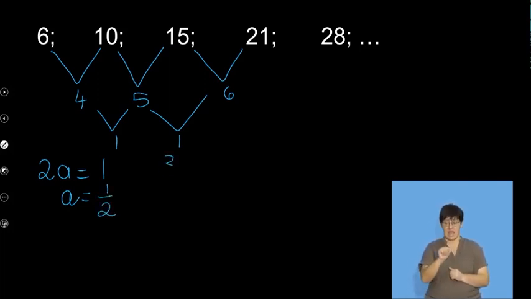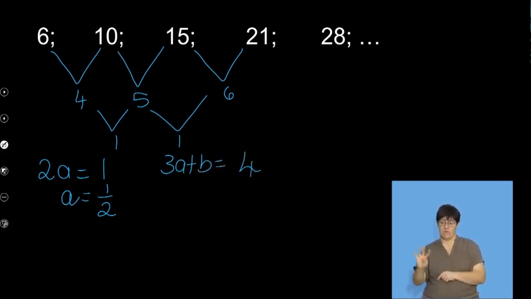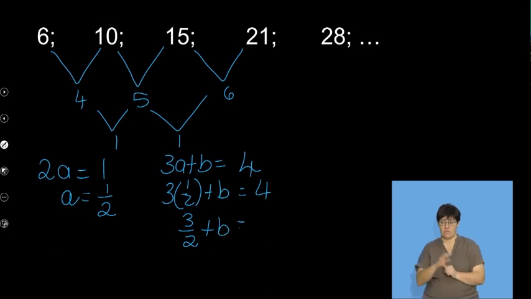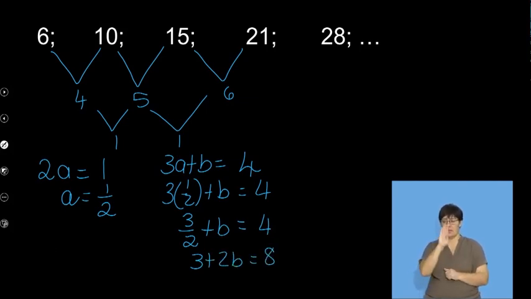Then we say 3a plus b will be equal to the first term of the first differences, which is 4. So I'm going to have 3 times a half plus b is equal to 4. So 3 over 2 plus b is equal to 4. If I multiply everything by 2, I'm going to have that 3 plus 2b is equal to 8. So b will be equal to 5 over 2.